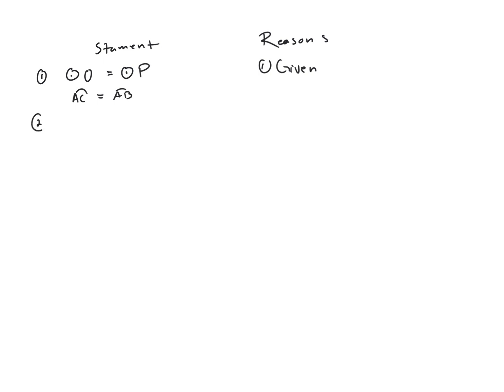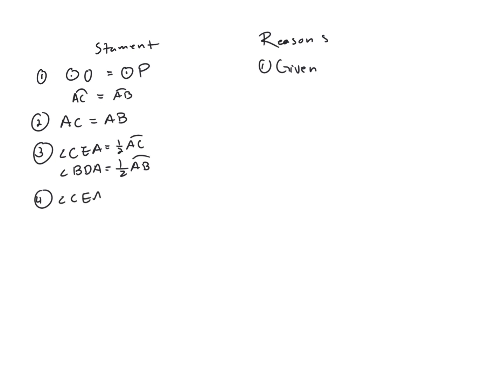So we have statement 2: AC is equal to AB. 3: angle CEA is half of arc AC, as well as angle BDA is equal to half of arc AB. Now we have the fourth statement: angle CEA is equal to half of arc AB as well.